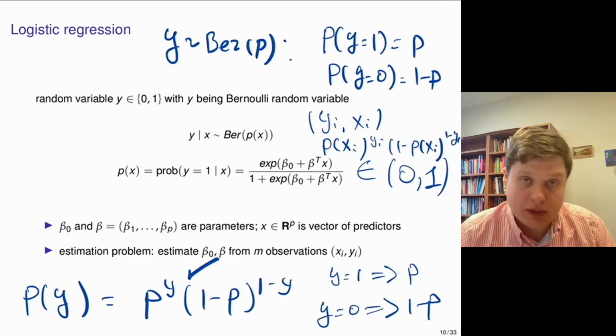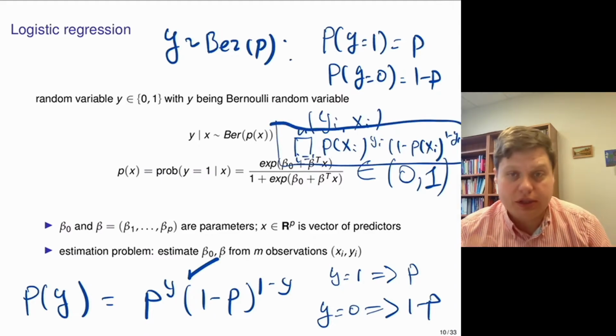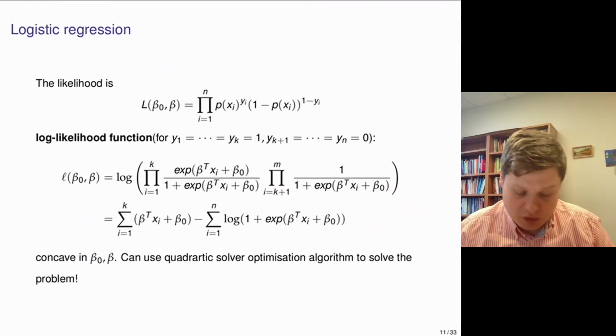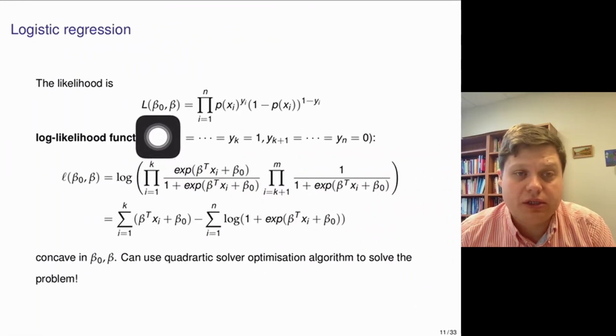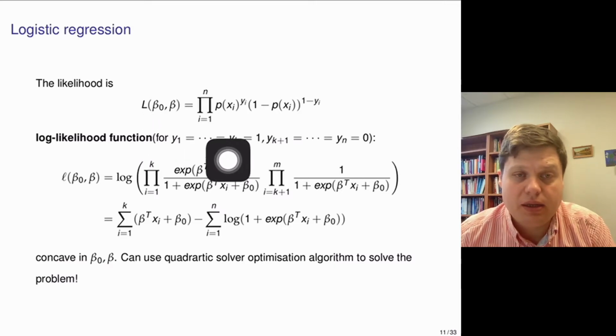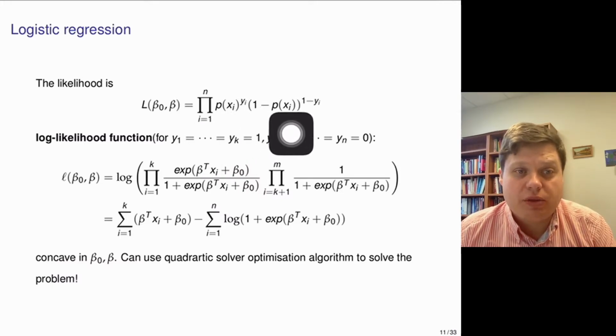And again, if we want to find the total likelihood, we're just going to take a product, i goes from 1 to n, over all the observations in the sample. And so that's the likelihood for the logistic regression. Let's take this formula and apply it. So here we have the likelihood function of beta 0 and beta: again p to the power y times 1 minus p to the power 1 minus y, and we take a product to get the joint likelihood, or the joint density, associated with the problem.